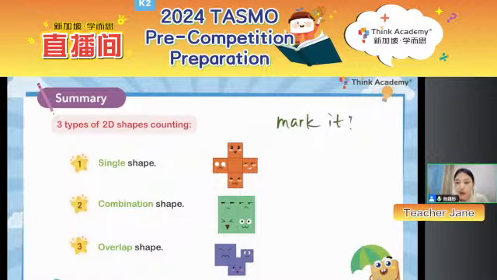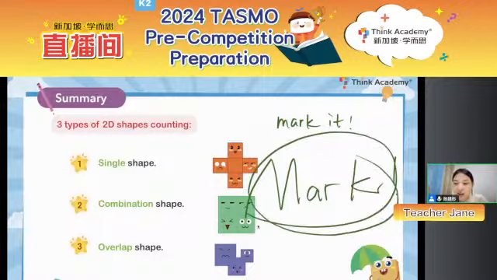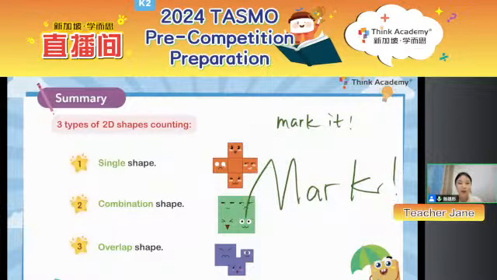I'll write it very, very big so that everyone won't forget, okay? Mark, mark, mark. This is very, very important, because sometimes after you count it, you will get lost. Mark it after you count it, okay? Promise? Remember already? Okay.